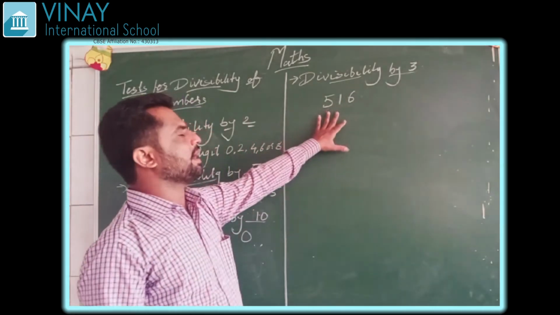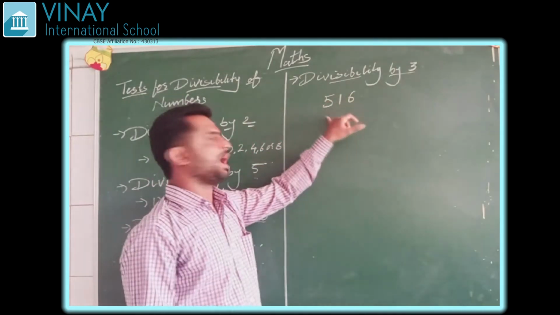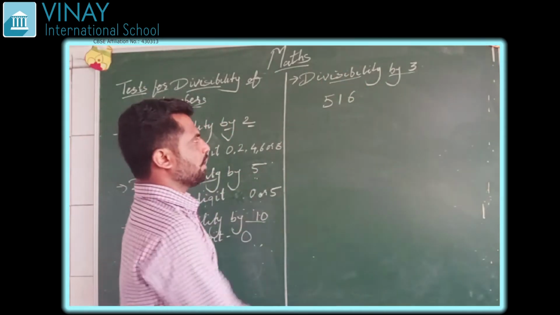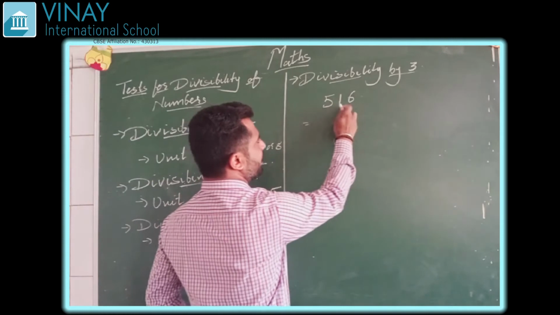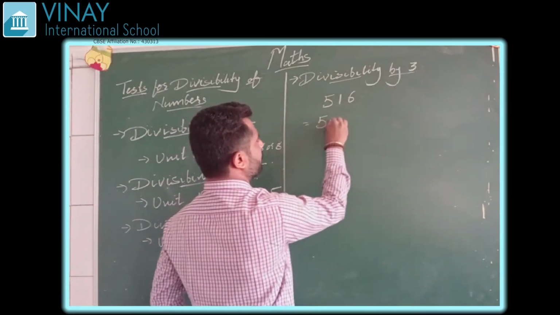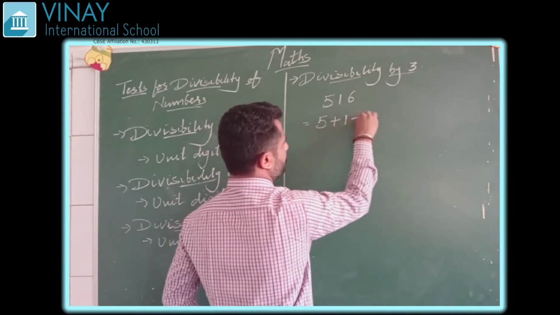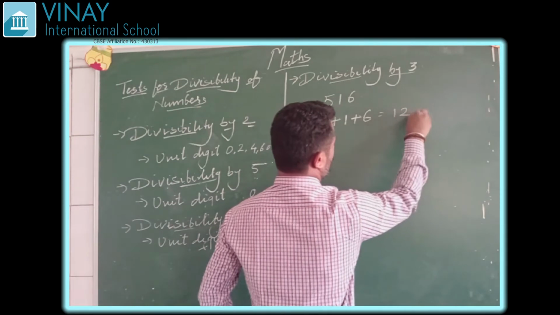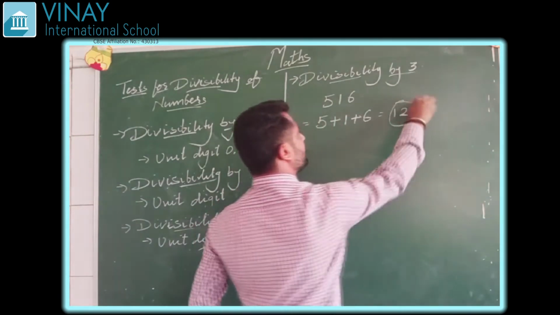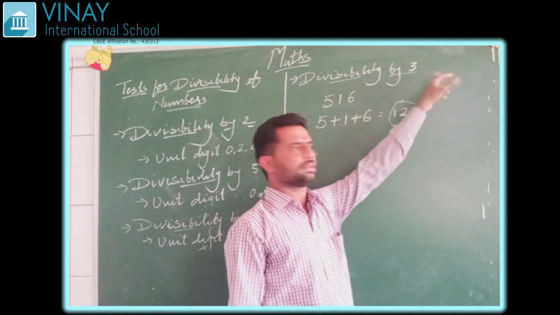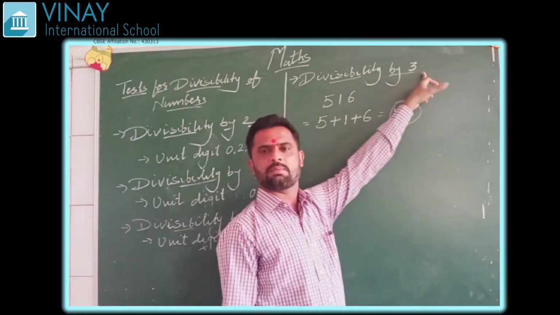We need to find out whether this number 516 is divisible by 3 or not. What we need to do is add the digits. 5 plus 1 plus 6: 5 plus 1 is 6, 6 plus 6 is equal to 12. Now the sum here is 12. It means that it is divisible by 3 because 12 is divisible by 3.